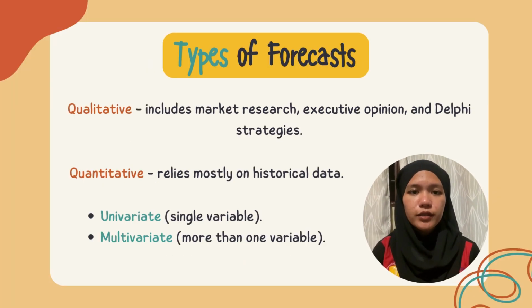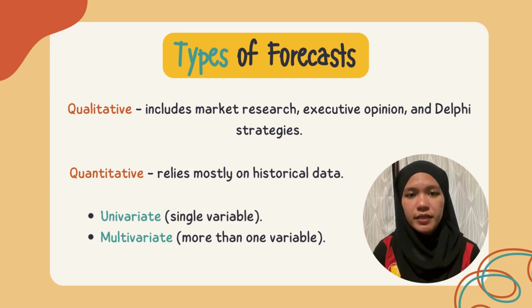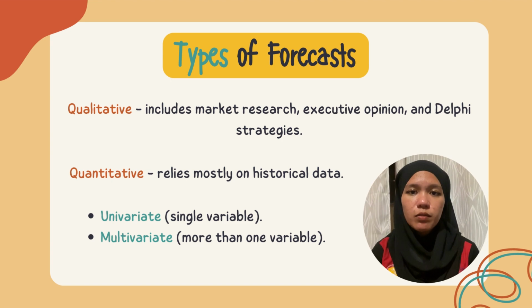Next, there are two types of forecasts. First, we have qualitative, which includes market research, executive opinion, and Delphi strategies to develop subjective or evaluative decisions regarding the future without relating demand to previous performance. The second is quantitative, which is utilized primarily in healthcare. It relies mostly on historical data. Quantitative can be divided into two measures.